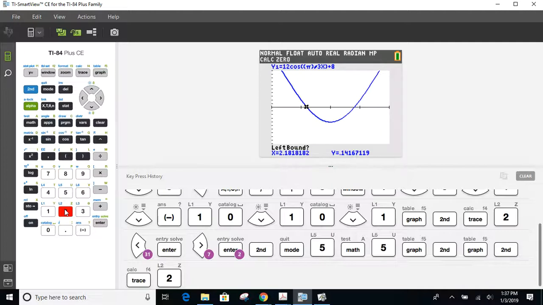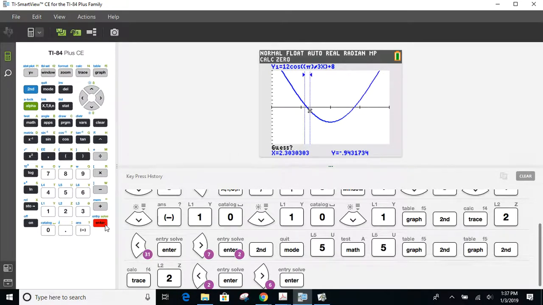It says left bound. That means put this little sucker here to the left of the first 0. So just scroll so you can get it to the left. It doesn't have to be in a specific spot. Press enter, and what's it asking you now? Go to the right now, right bound. Somewhere to the right.